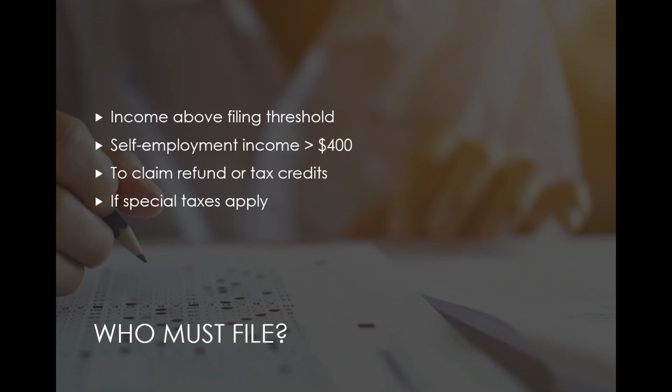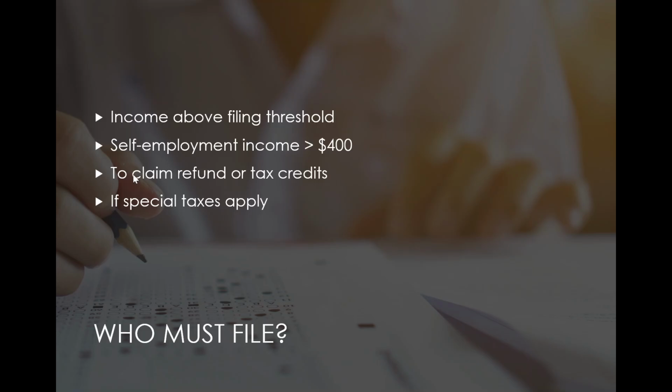And who must file? In the USA, if a person has income above the threshold, they have to pay income tax. And if a person has self-employment income of more than $400, then they have to pay US taxation.